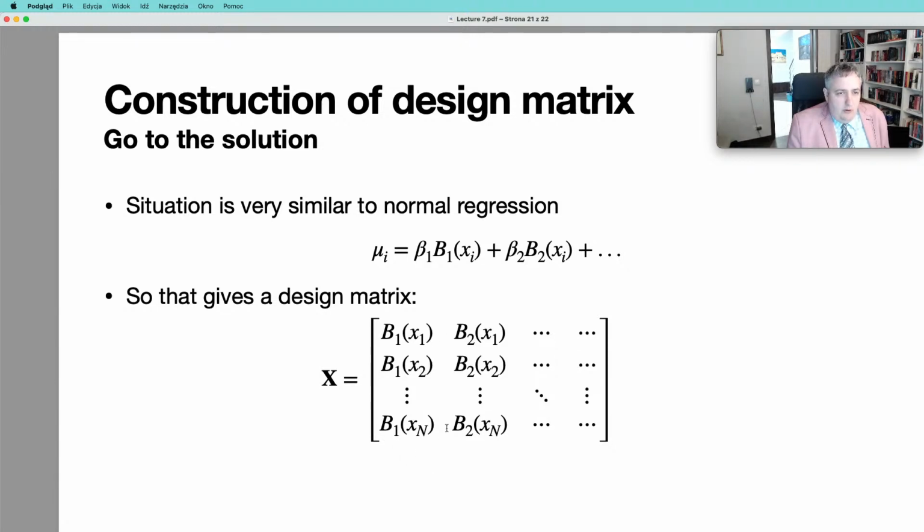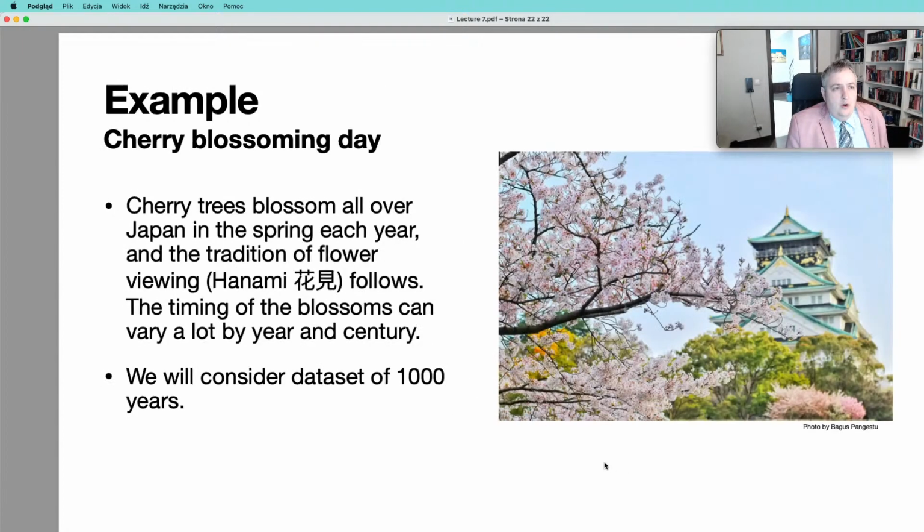Generally, the design matrix is constructed as the value of spline functions at all the data points we have, but of course, for most of them it will be 0 because they are outside of the area. So this is a very easy design matrix, and because it's May, we can use the nice spring topic, which is actually one of the oldest data sets that we have. We have a data set of over 1,000 years, because in Japan there is a tradition of viewing the blossoming of cherry trees, and it was recorded in multiple records for thousands of years.